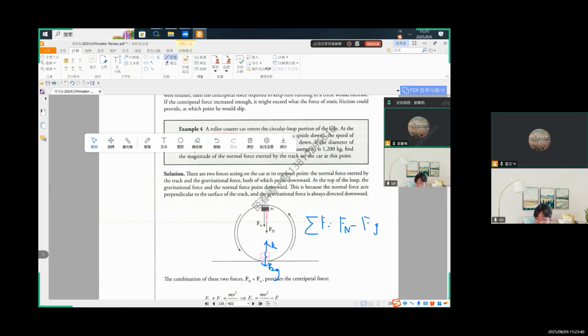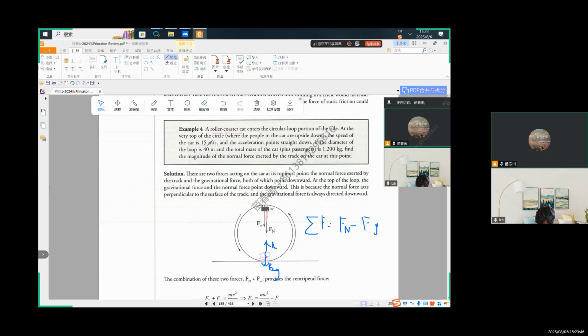So the velocity is still that, I think. Let me see. Oh, not 40. 15. Can you put in all the numbers to find the actual normal force? I'm sensing that one definitely has to be bigger this time. How to find the normal force?